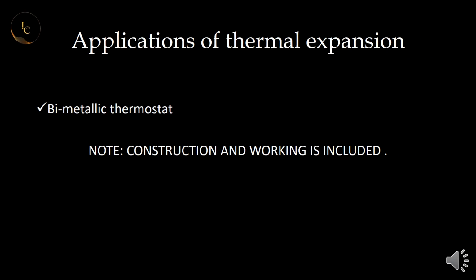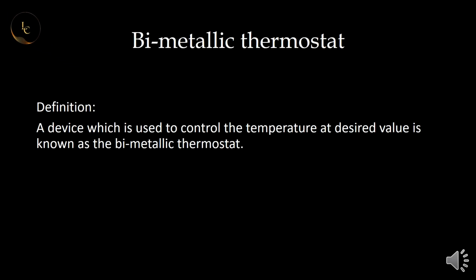Right here we have our next topic, that is applications of thermal expansion, and most importantly we have the best example of bimetallic thermostat. So let's start the construction and working of a bimetallic thermostat. So over here we have bimetallic thermostat and its definition. A device which is used to control the temperature at desired value is known as the bimetallic thermostat.